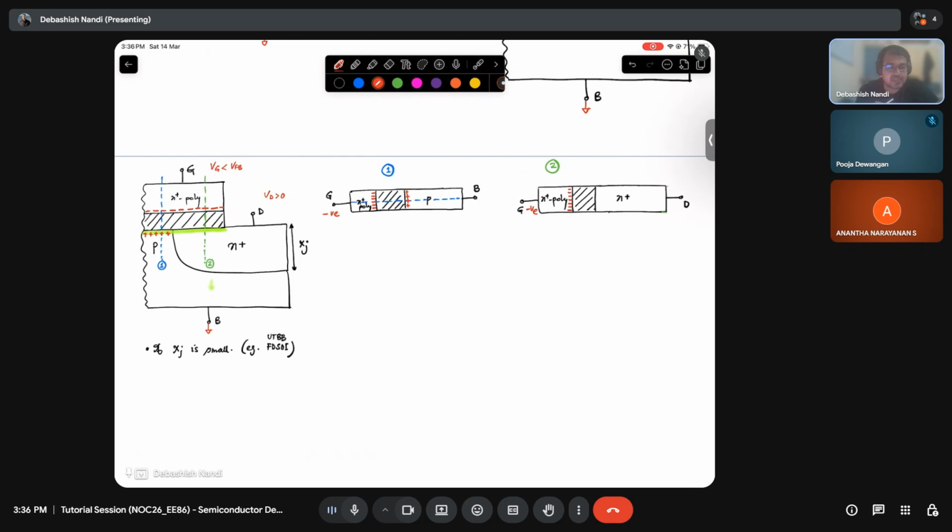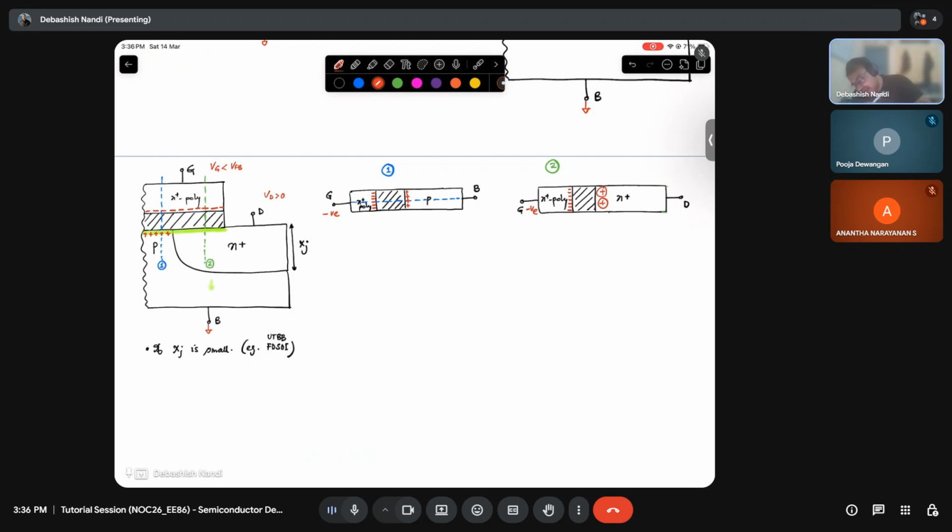Minority carrier holes? But minority carriers won't be attracted easily, right? They will be thermally generated. So what is the easier option for positive charges? Nd plus, the donor ions. These are immobile ions, right? Donor ions Nd plus are there, and in the case of P, there are Na minus.